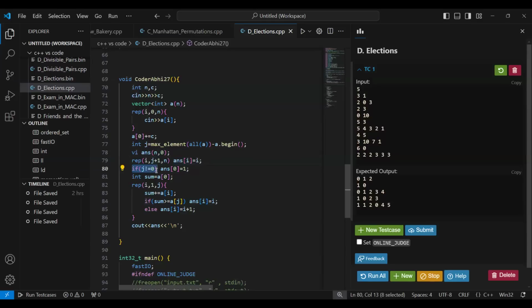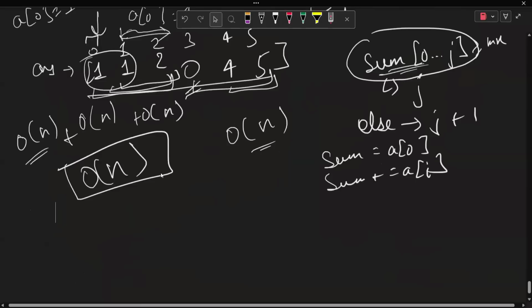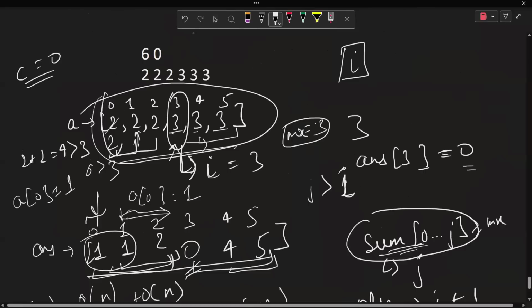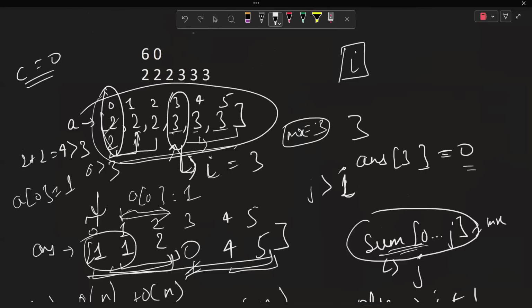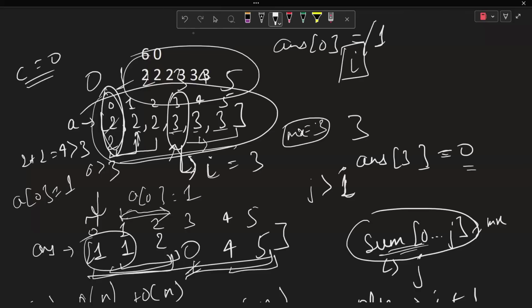And if j is not equal to 0, so one special case was there. If the initial answer is only the first index, then we can just assign this as 0 and the remaining as 1 2 3 4 5. So this would be our answer. Our answer 0 would be 1 in the case when our initial answer is not the 0th index.